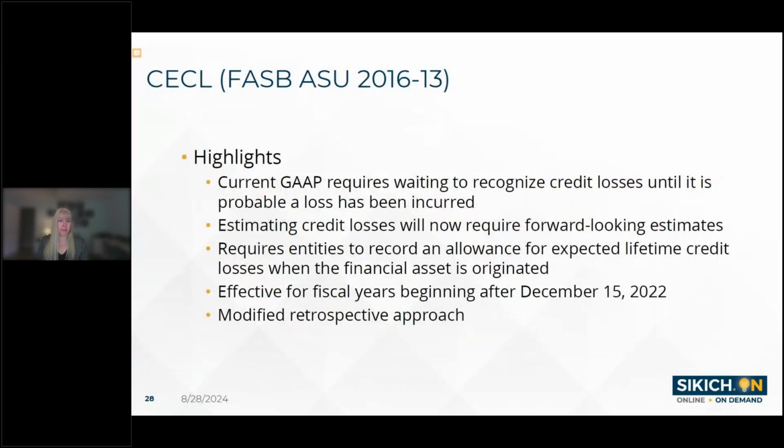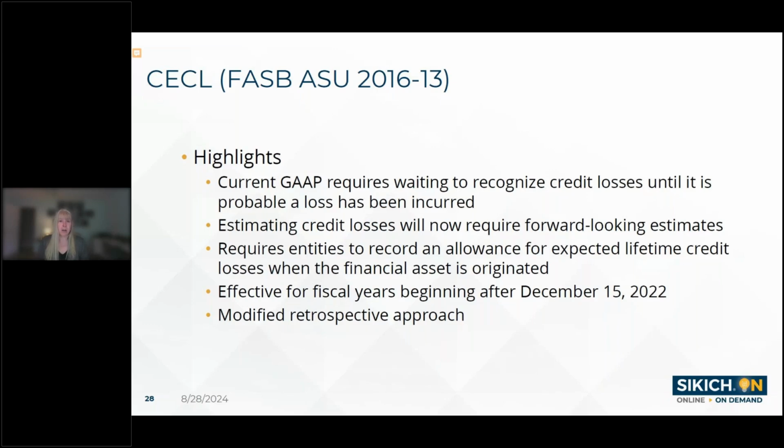The highlights of CECL, when we're talking about current expected credit losses: you may be familiar with the term allowance for doubtful accounts. This standard expands upon that. We're not just talking about the allowance for doubtful accounts on accounts receivable per se, but an allowance for credit losses on financial assets that are measured at amortized cost that fall within the scope of CECL.